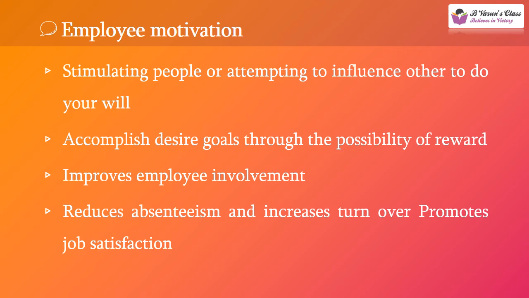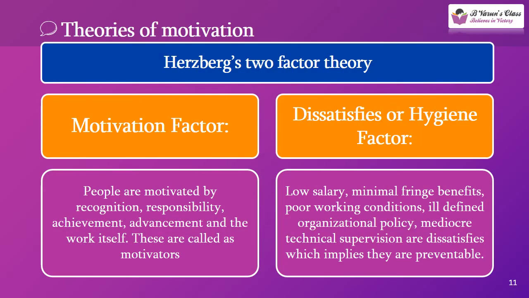This employee involvement and its working can be explained by different theories. These theories are called Herzberg's two-factor theory. The first one is the motivational factor and the second one is the hygiene factor. These two have a huge impact on employee motivation. So first one, motivational factor.